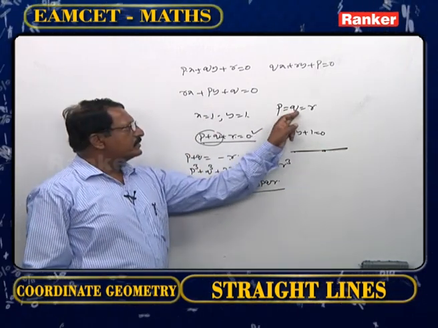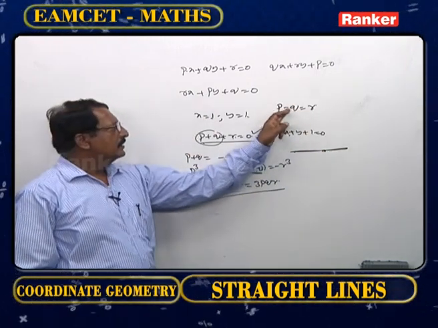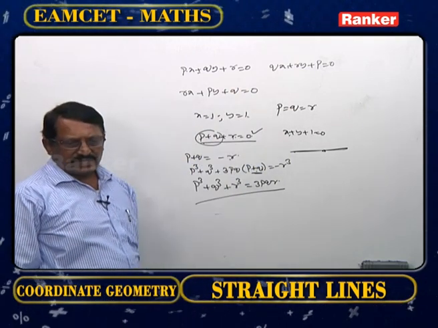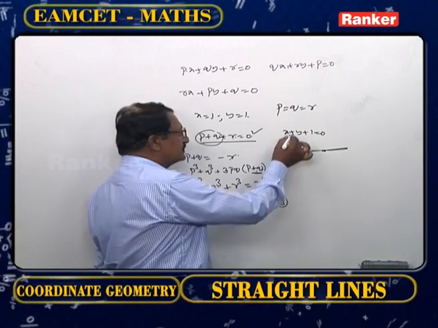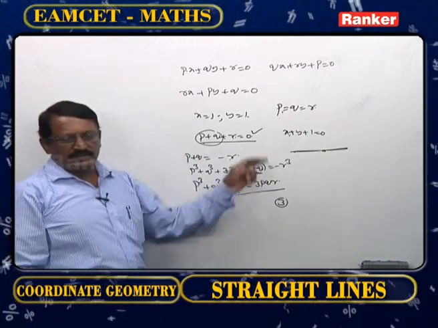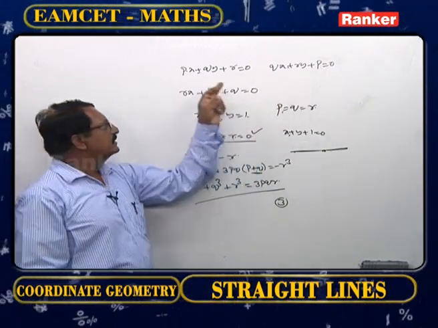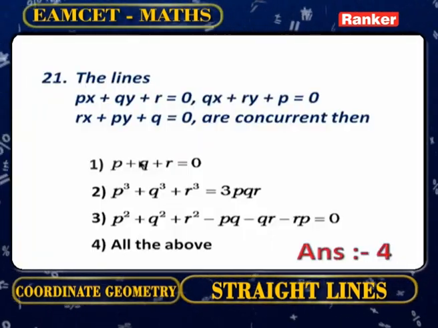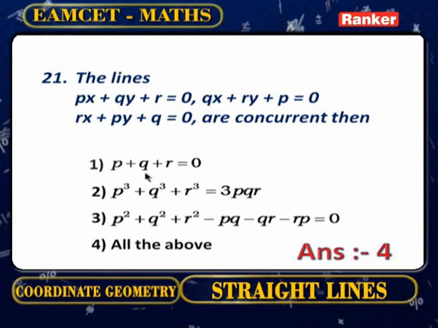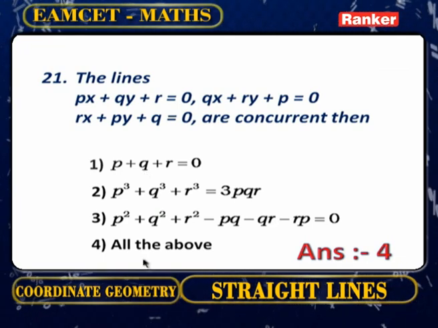If P equals Q equals R, the three lines are concurrent lines. Now in the third option, substituting P equals Q equals R, that condition also satisfies. Then the first, second, third, all three are correct. Then the fourth option is correct. All the above is the correct option.